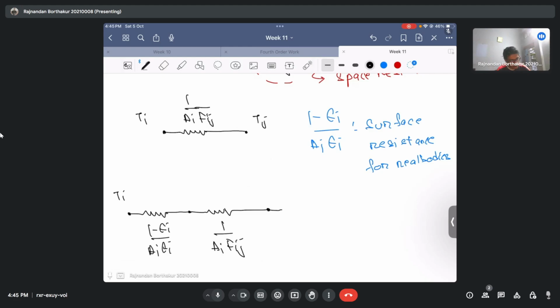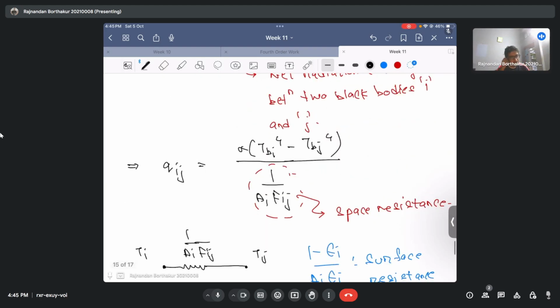And then we will also have one more surface resistance for the body J, because it's not a black body, so people write it as Ebj, and this will be 1 minus epsilon J by Aj epsilon J.